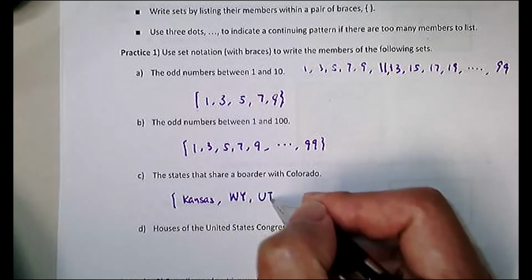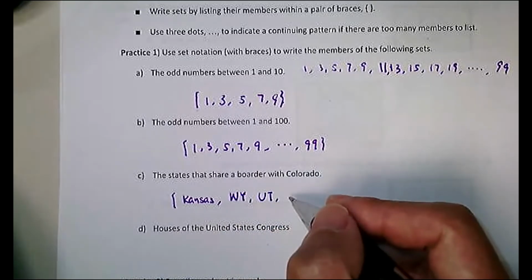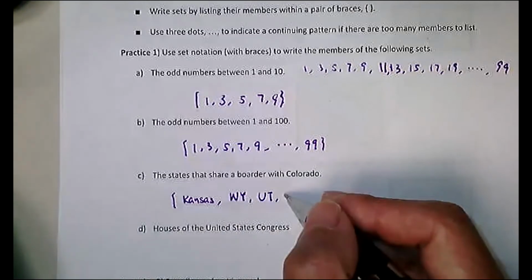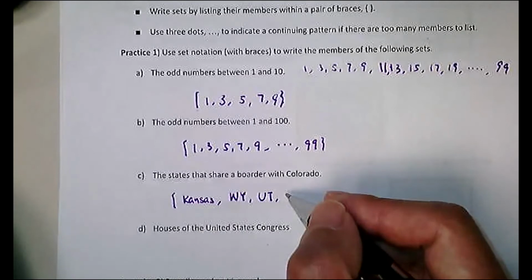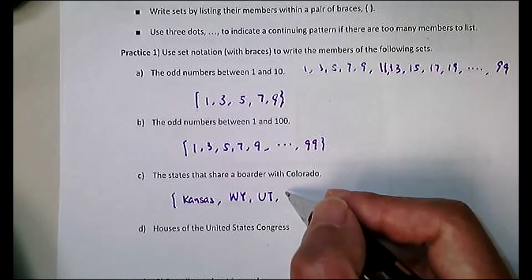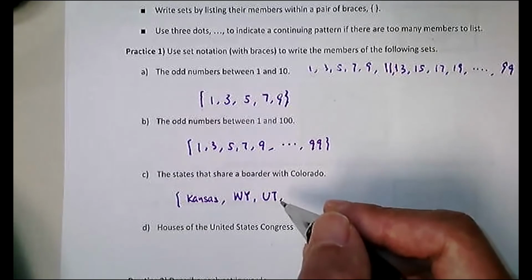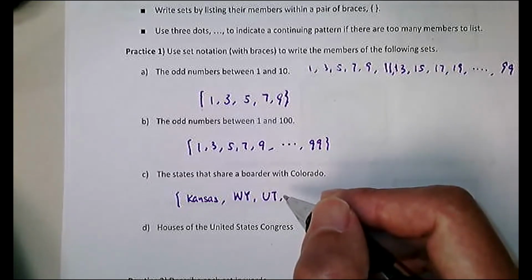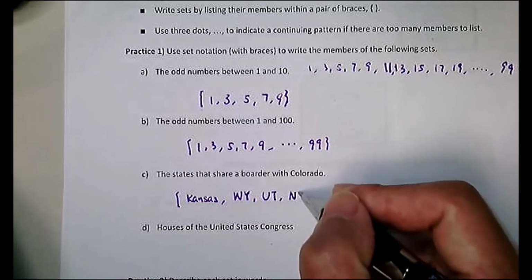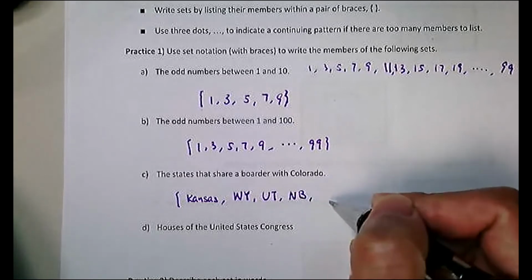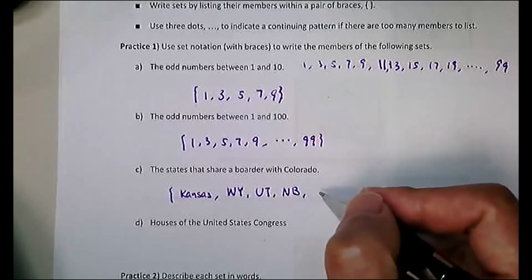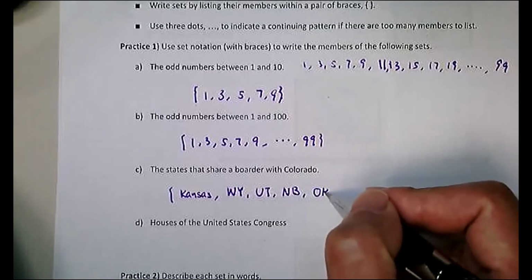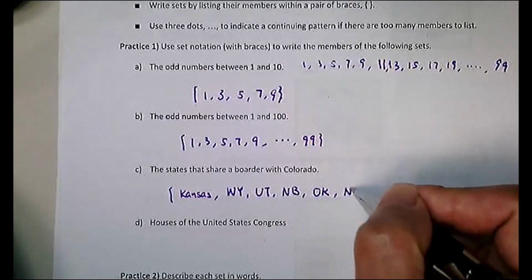Utah. Nebraska. What are the letters in short for Nebraska? I think just NB. Oklahoma, OK. New Mexico, NM.